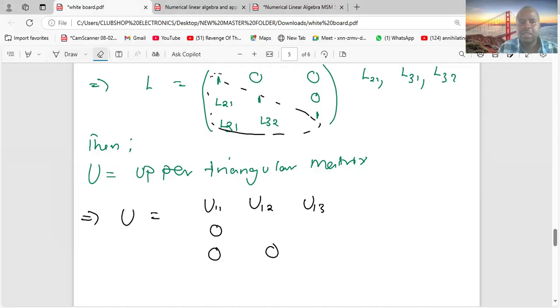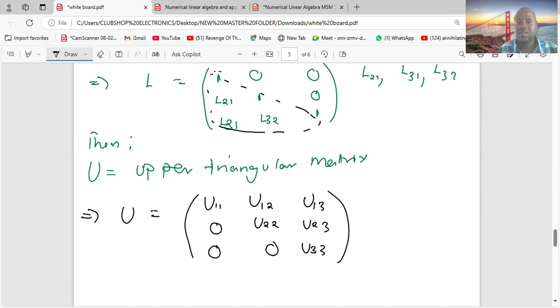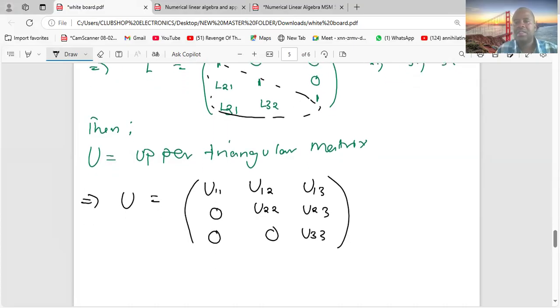The second row has U22, then U23, then we'll have U33. This is what we have, such that when we multiply these two, they must give us the first matrix.